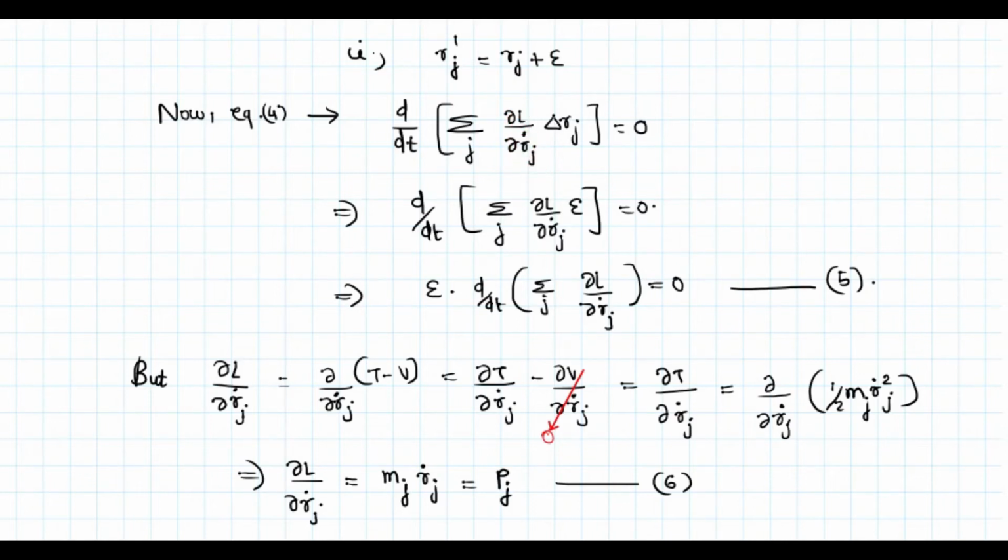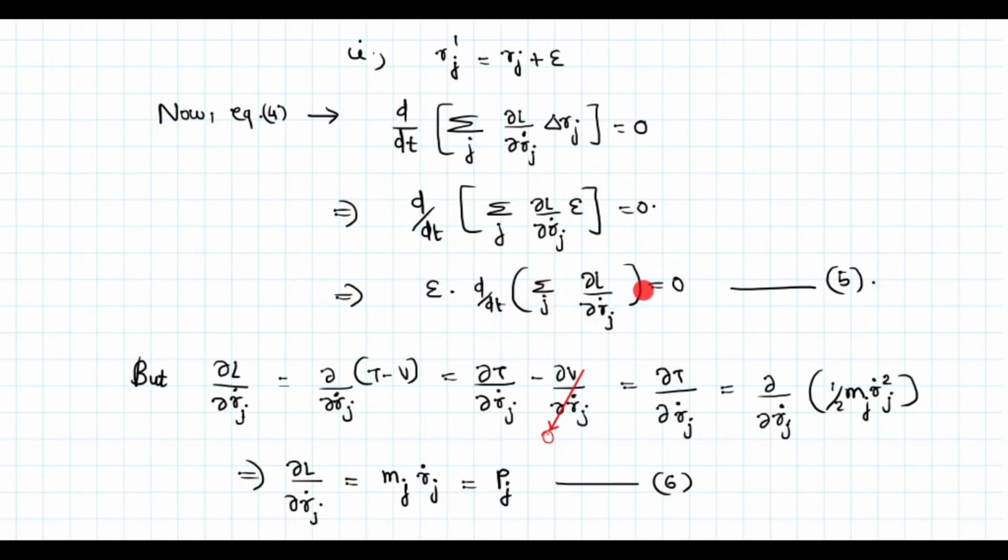Delta rj is nothing but epsilon, that infinitesimal displacement. Then this will become d by dt of summation over j dou L by dou rj dot into epsilon equal to 0. Now this epsilon is an arbitrary displacement which is independent of time, so I can take it outside the derivative. It will become epsilon into d by dt of summation over j dou L by dou rj dot equal to 0. I am going to mark it as equation number 5.